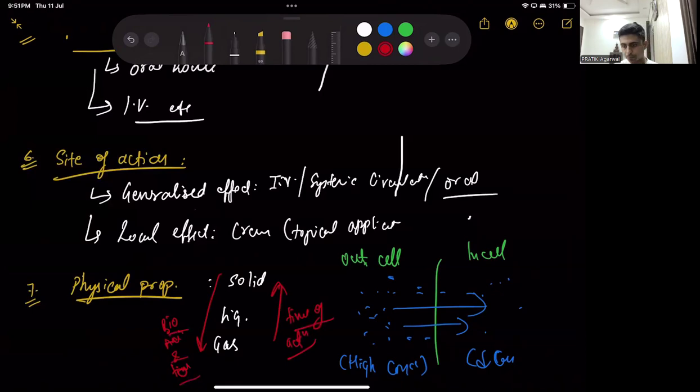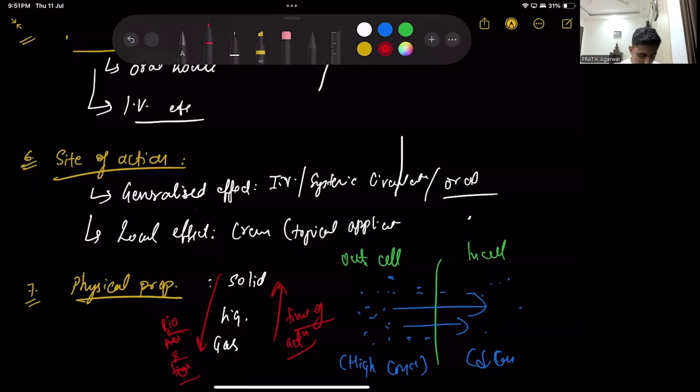So this is how we take it. Solid drugs, tablet formulations or capsules take much more time to show their effect than liquid and gas, but are less available to the body as well.